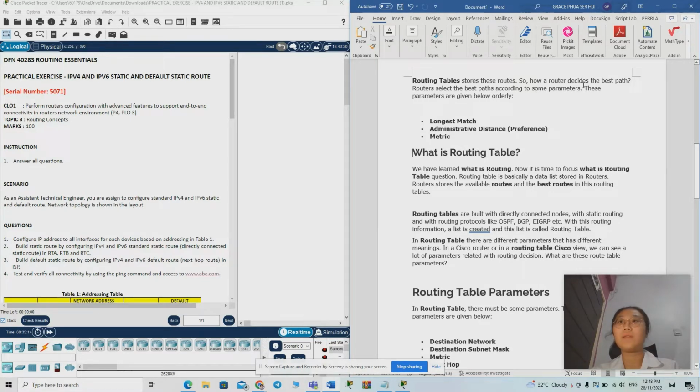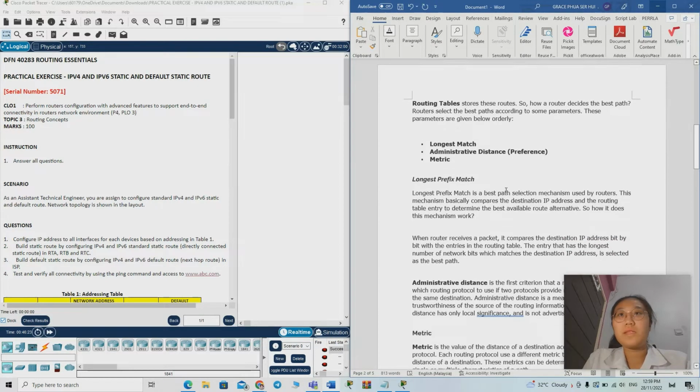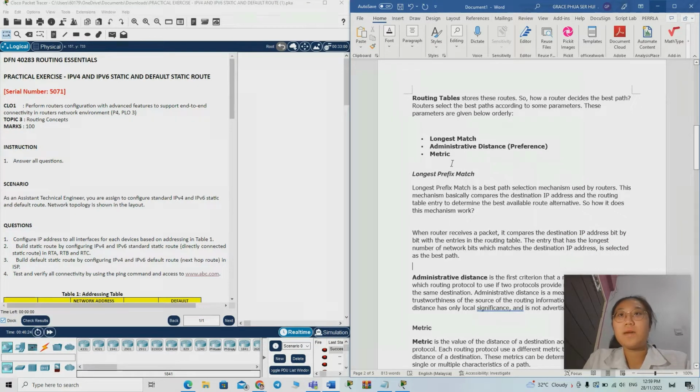So how does a router decide the best path? The router selects the best path according to some parameters. These parameters are given below in order. There are three parameters. The first one is longest match, the second one is administrative distance, and the third one is metric.